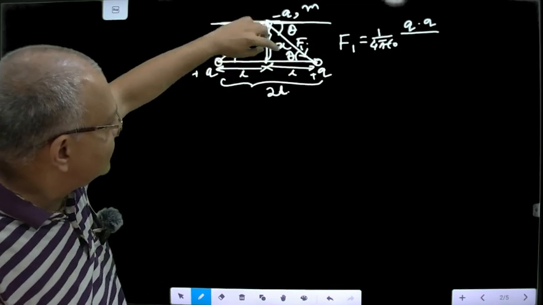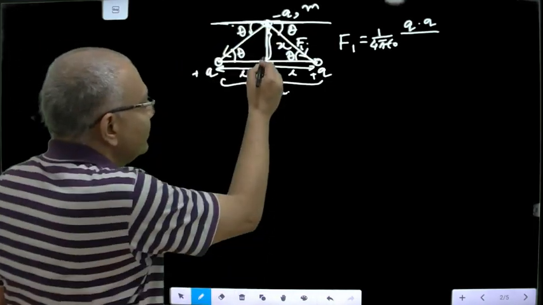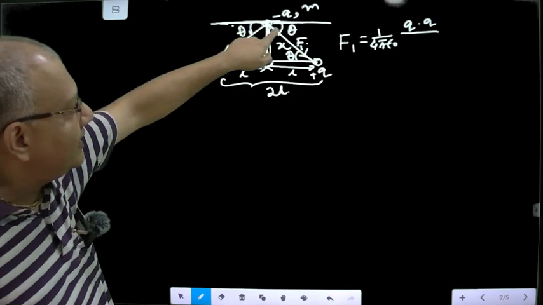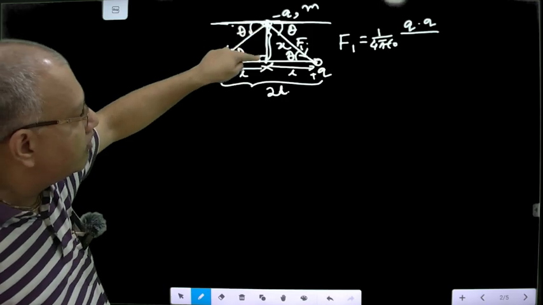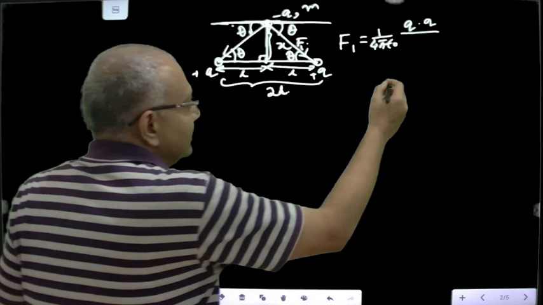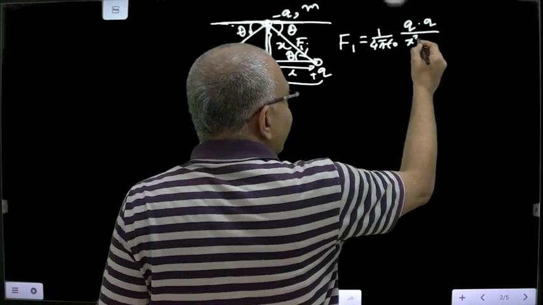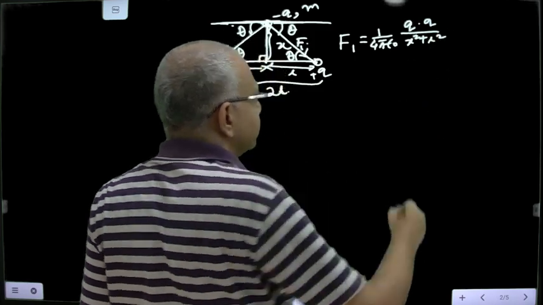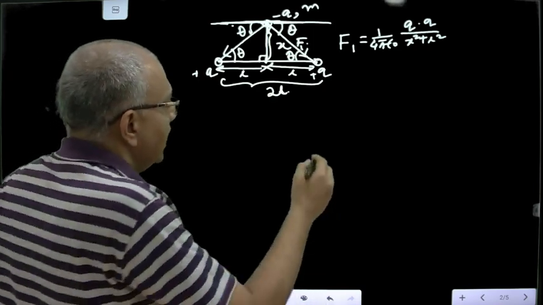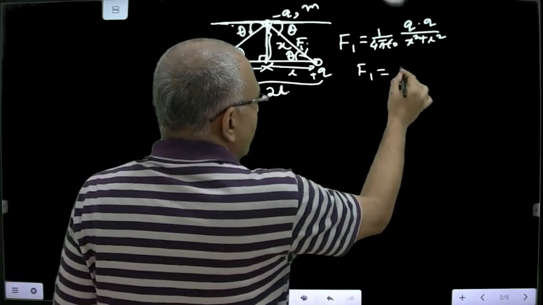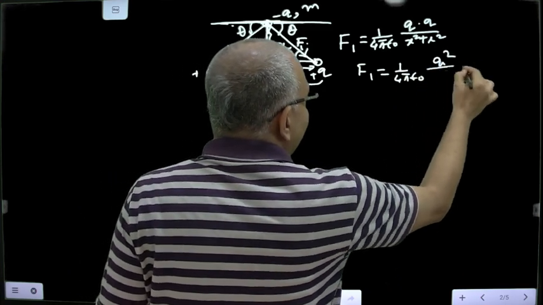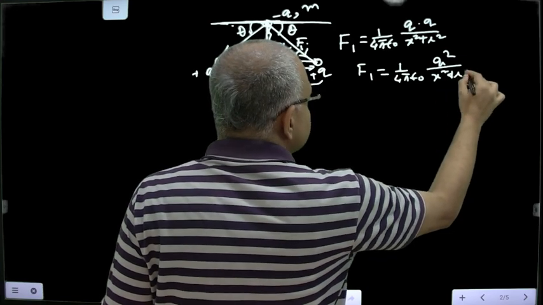This length is x, this length is L. Naturally, this angle is 90 degrees, perpendicular bisector, so the length of this line is root over x square plus L square, the whole squared. So ultimately we get x square plus L square. This force F1 is going to act this way. F1 is 1 by 4 pi epsilon naught q square by x square plus L square.